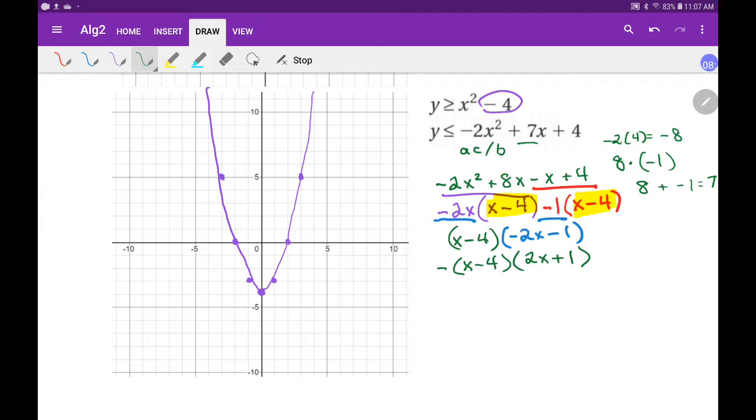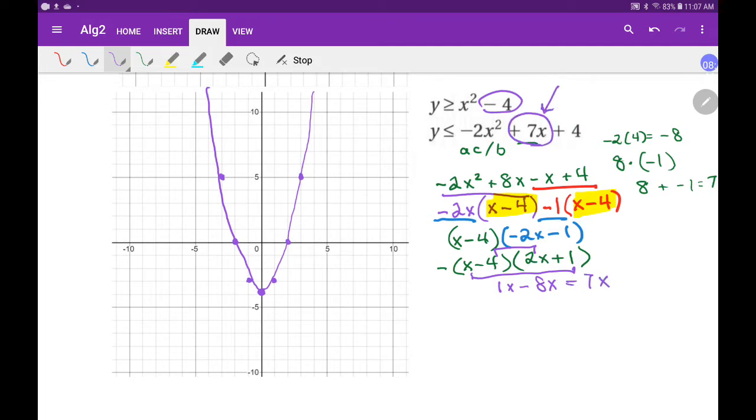But now that we factored it, by the way, if you FOIL this, you will find that it's the same. x times 2x is 2x squared, negative 2x squared. There's a negative out in front to take care of the negative. And then if you do the outside, we have 1x, and the inside is negative 8x, and that is 7x, right? And there's our 7x up there.